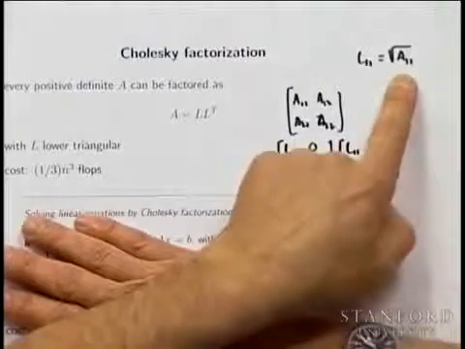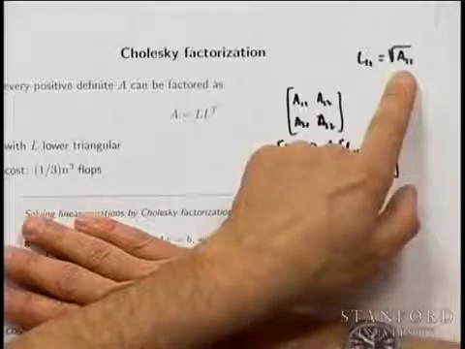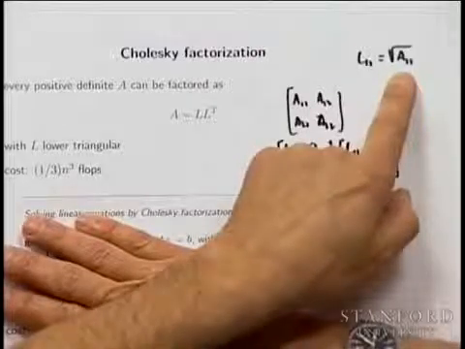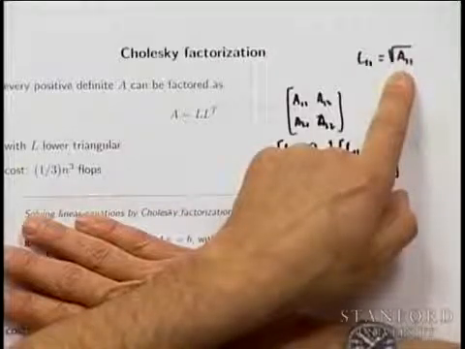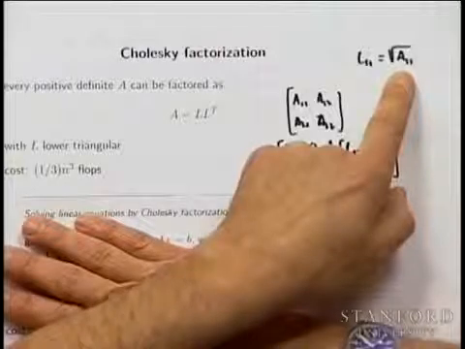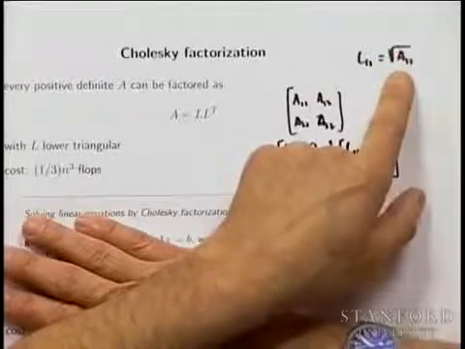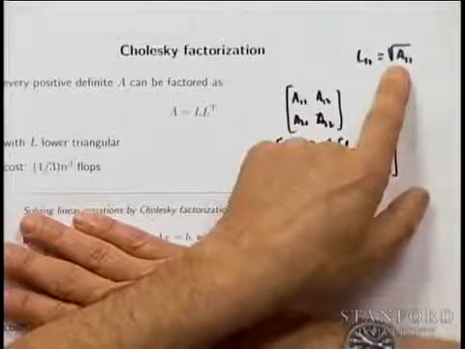What will happen is this. If all the arguments passed to those square roots are positive, then you will have a Cholesky factorization. If the matrix is not positive definite, one of these square roots will be a square root of a negative number. There are actually different modified Cholesky factorizations.